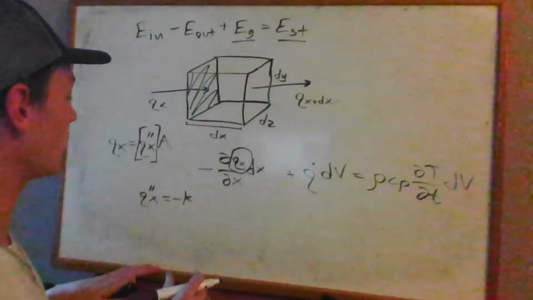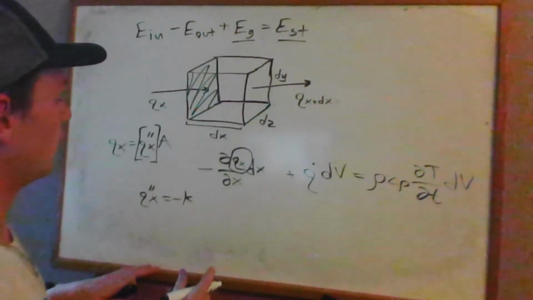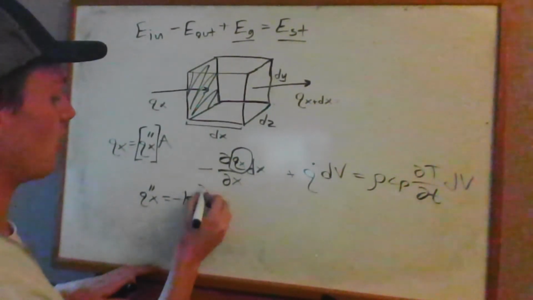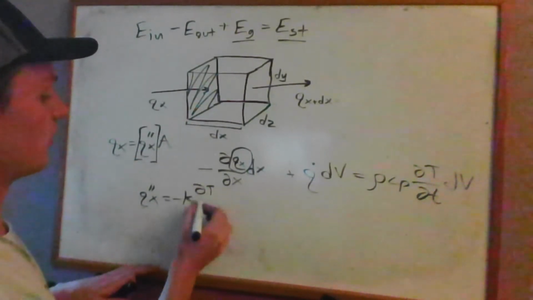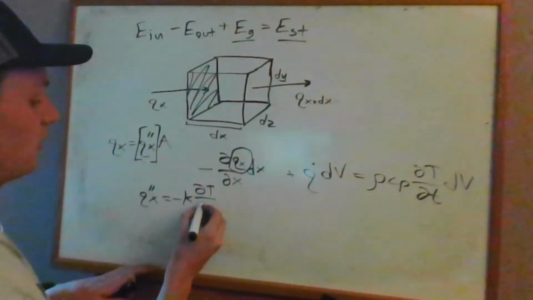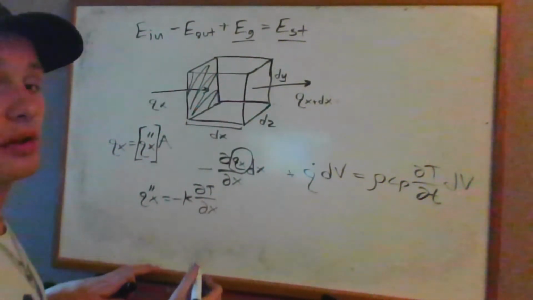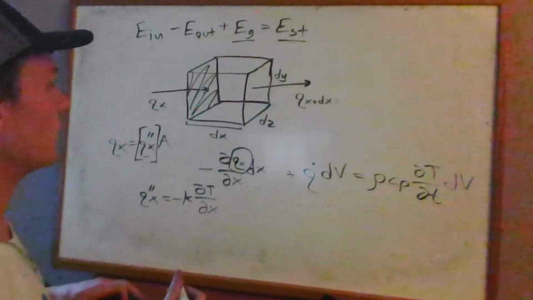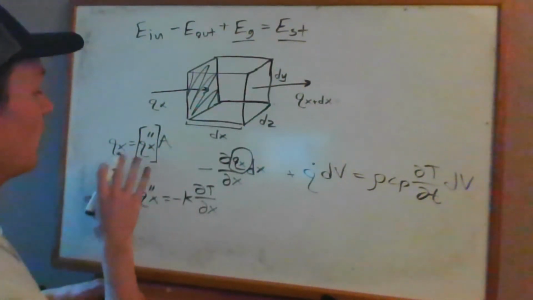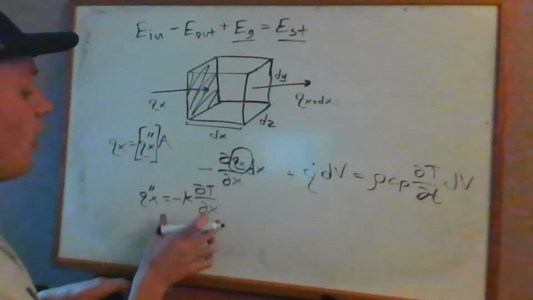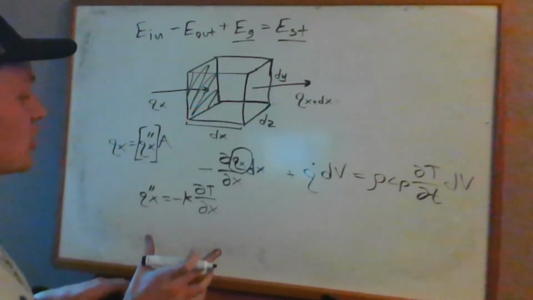Sorry, I went out of the frame there a little bit. And we also account for how the temperature changes with respect to position. So that is what we're doing when we're using Fourier's law of heat conduction.